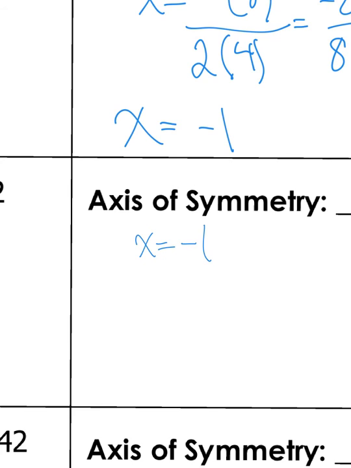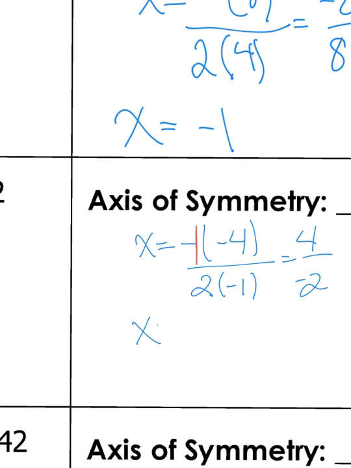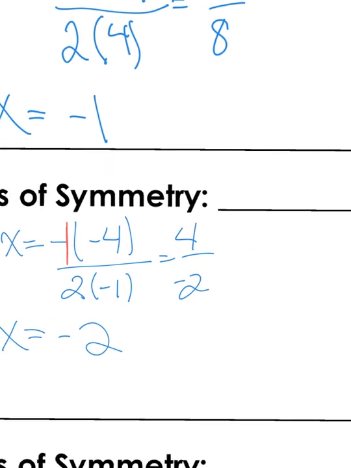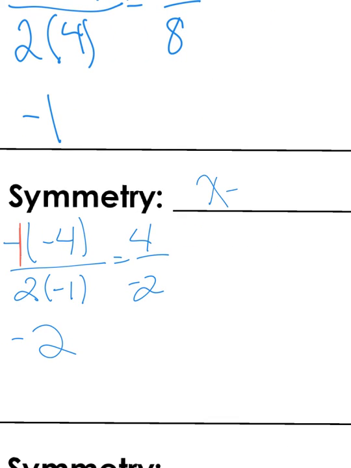My b value is -4, so I'm going to have negative times a -4, divided by 2 times my a, which is -1. Remember I said that this is technically a -1 times a -4. So that becomes a +4 over a -2. My axis of symmetry simplifies to x equals -2.